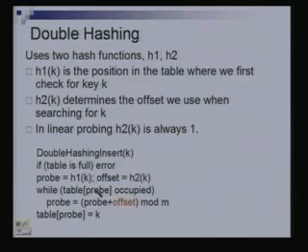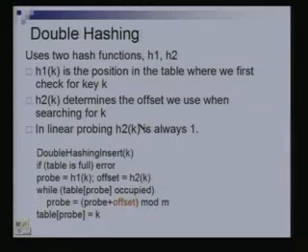If this is also occupied, then the next location I look at is again probe plus offset. Right? So the offset determines how much distance I am going to advance every time I don't see the element that I am searching for.